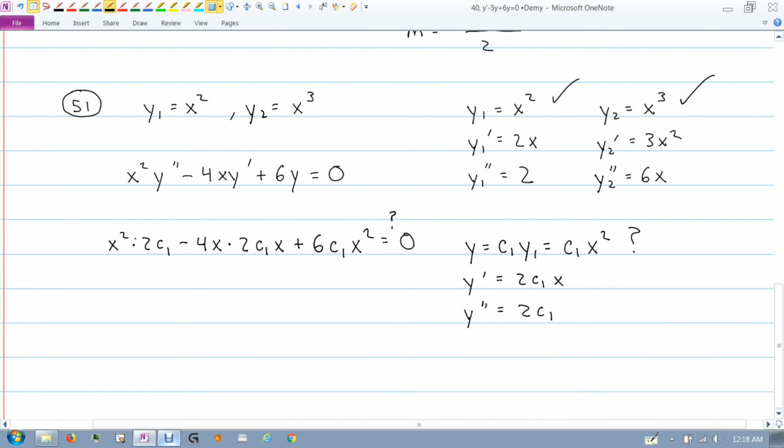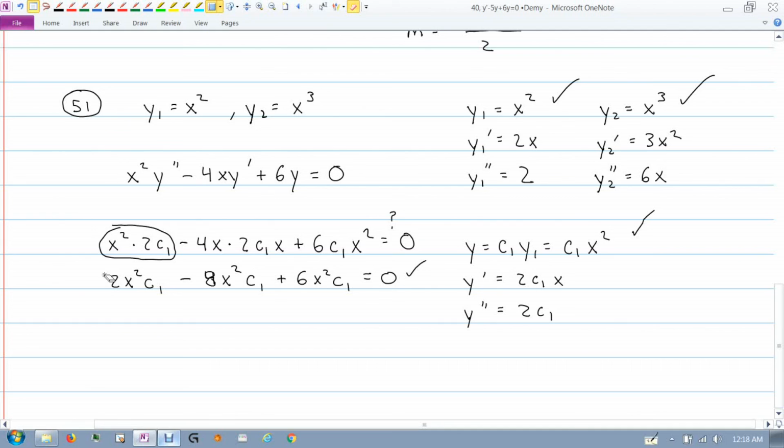So x squared times 2c sub 1 is 2x squared c sub 1, minus, next one's 4x squared, I'm sorry, 8x squared c sub 1, and then plus 6x squared c sub 1. So yes, this is 0. Check. So that works.